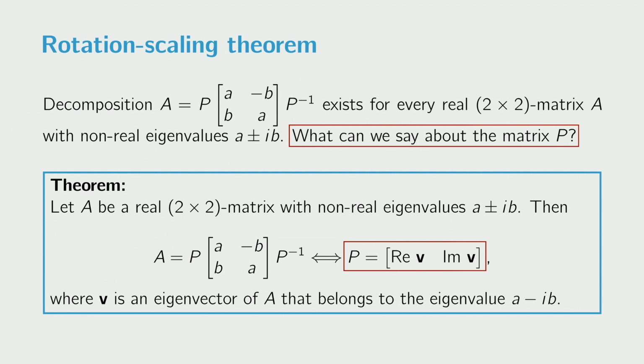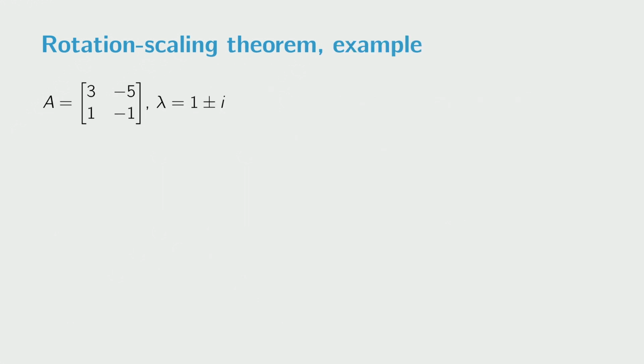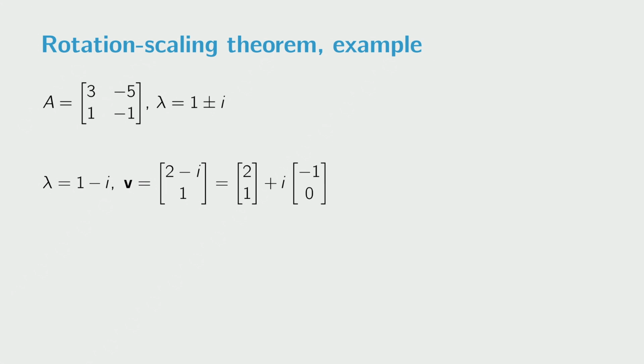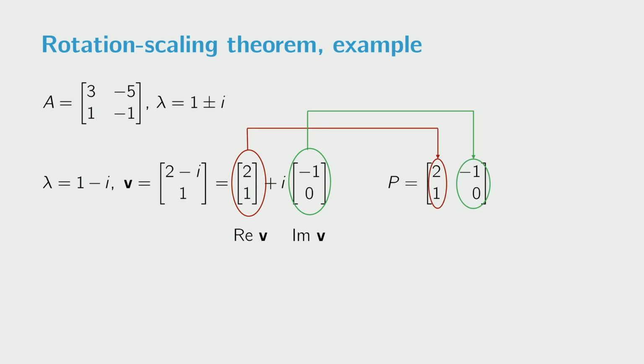Let's see how this works for the matrix shown here. The vector (2 minus i, 1) is an eigenvector of A that belongs to the eigenvalue 1 minus i. This vector can be written as (2, 1) plus i times (-1, 0). So the real part and the imaginary part of v are equal to (2, 1) and (-1, 0) respectively. Let P be the matrix which has these two vectors as its columns.